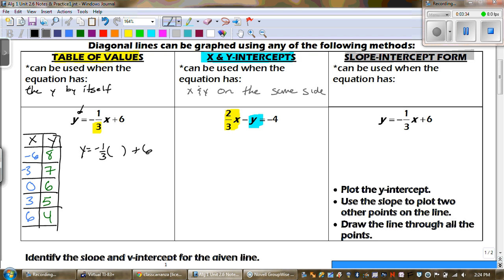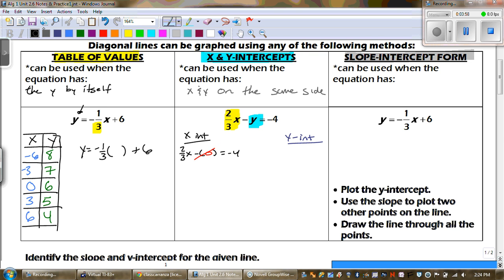So when we do this, we need to find the x-intercept, and we also need to find the y-intercept. When we're finding the x-intercept, y equals 0. So I would plug in 0 and solve.